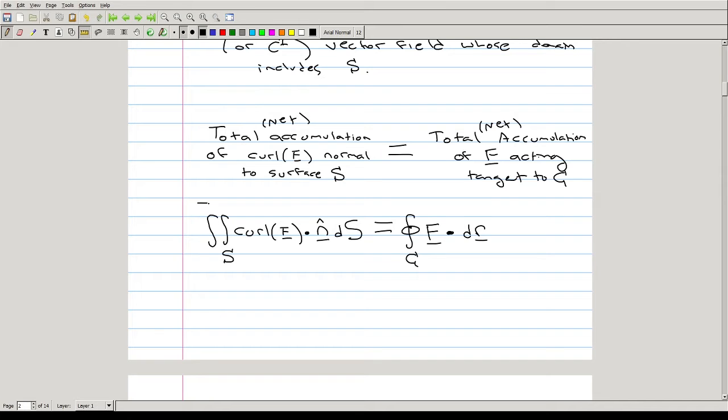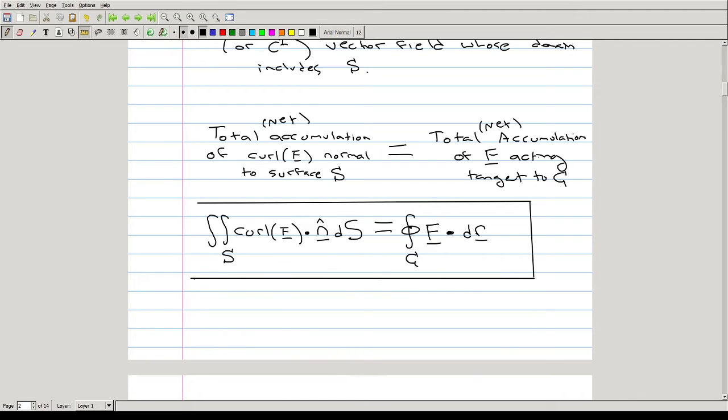This is an amazing theorem, and I can't overemphasize how incredible it is, because it takes a very nice idea from regular, single variable calculus and extends it to multivariable calculus.